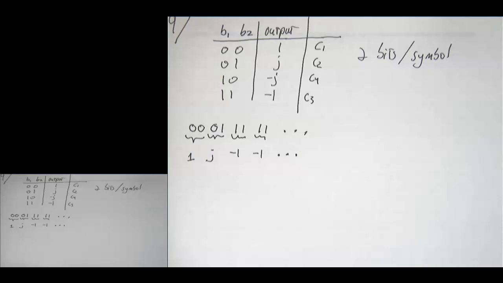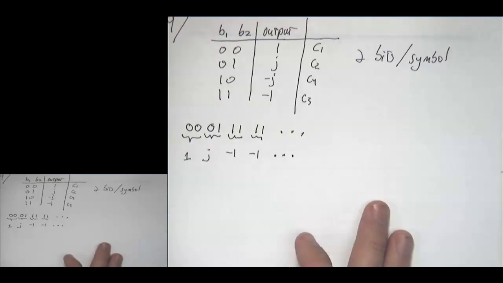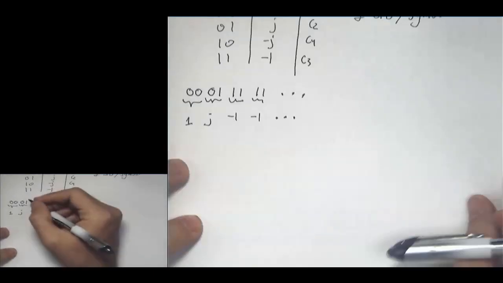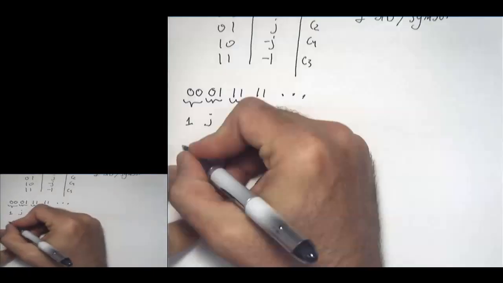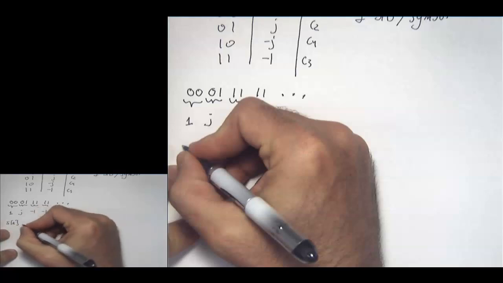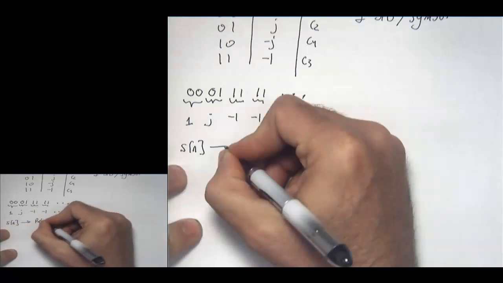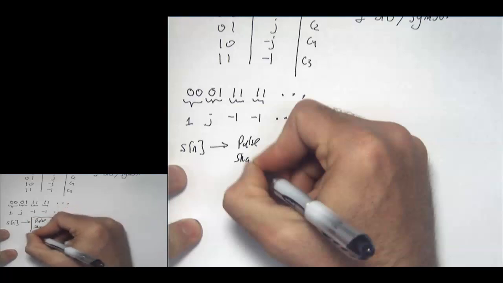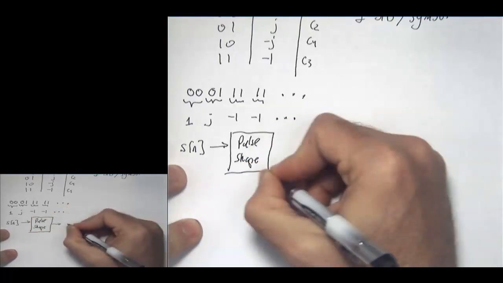So let's write this block here. S of n goes into the pulse shape, and then spits out an x of t.